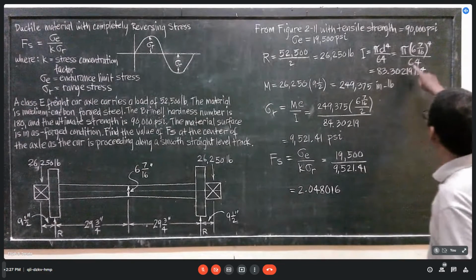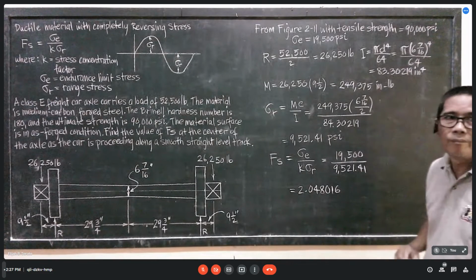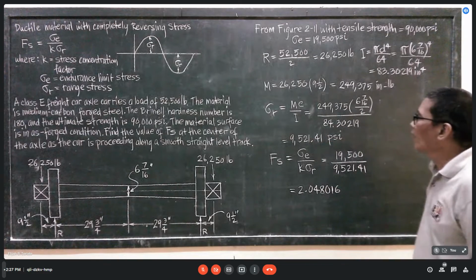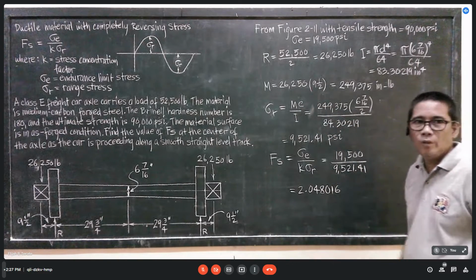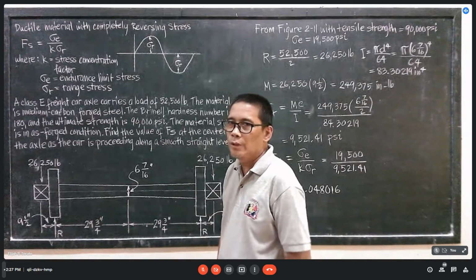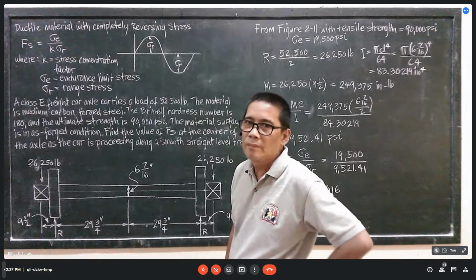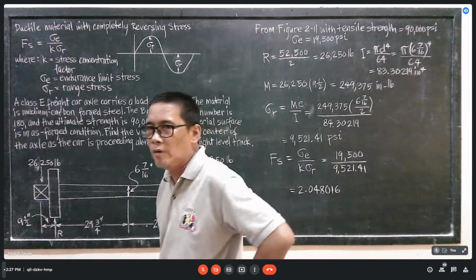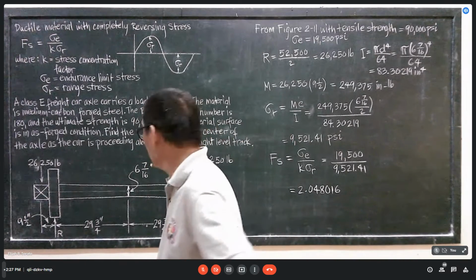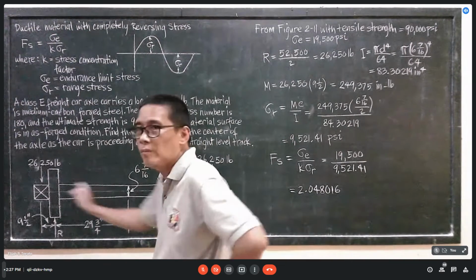It is pi d to the 4th over 64. That is for I. Now for M, how do we determine the moment here? You can draw the shear and moment diagram, or if you want a shortcut, you just cut this here and find the moment on the left or on the right.